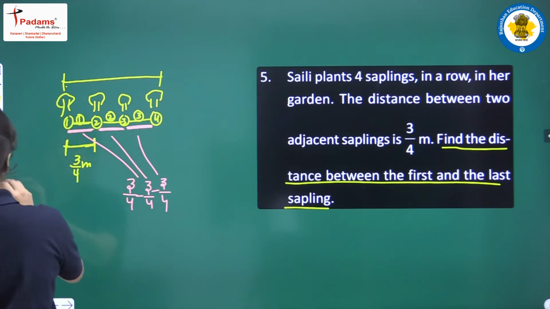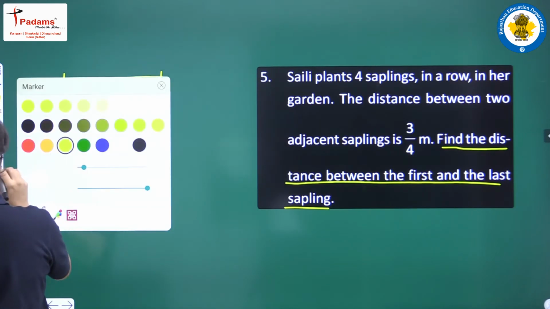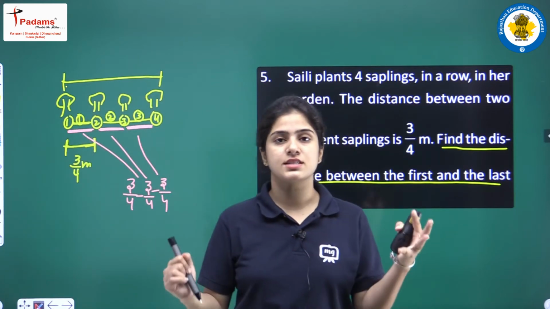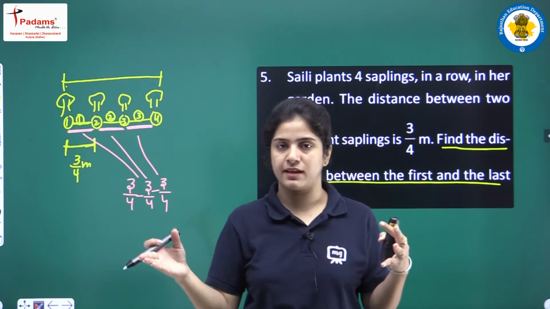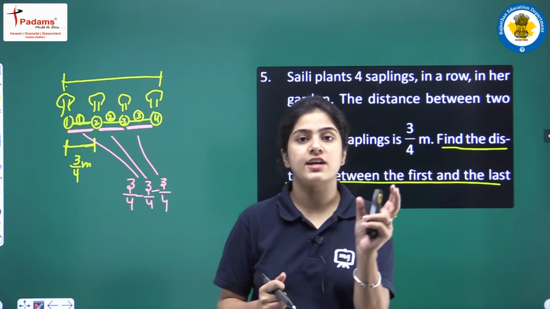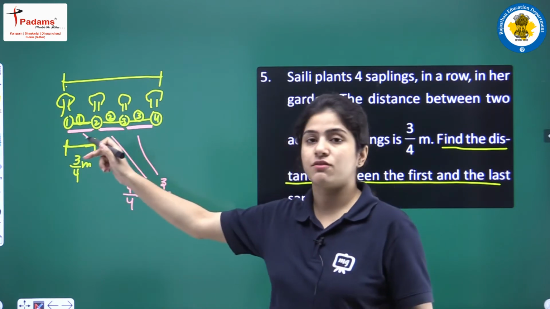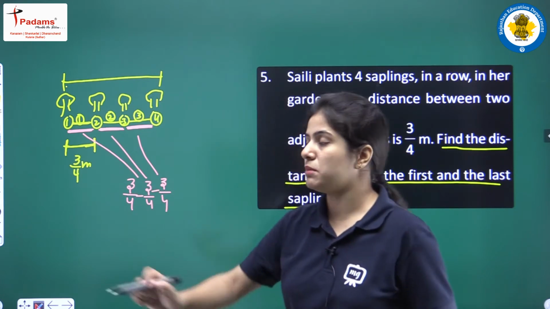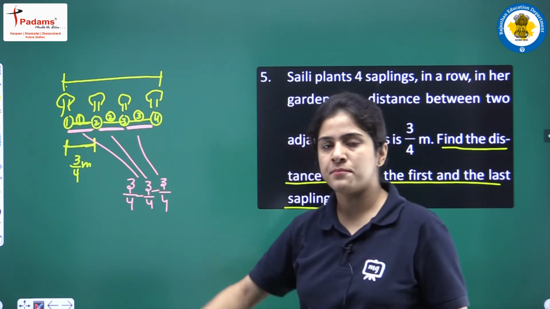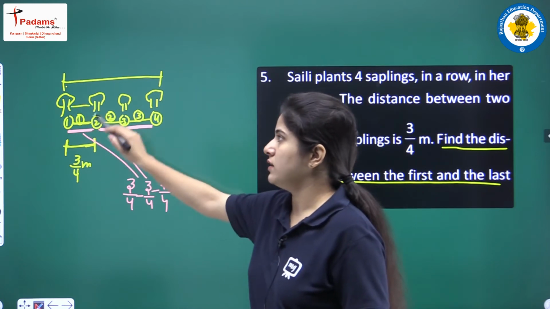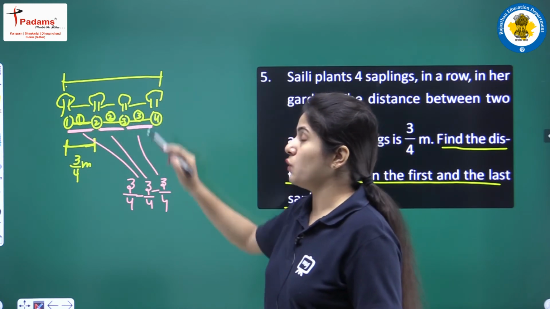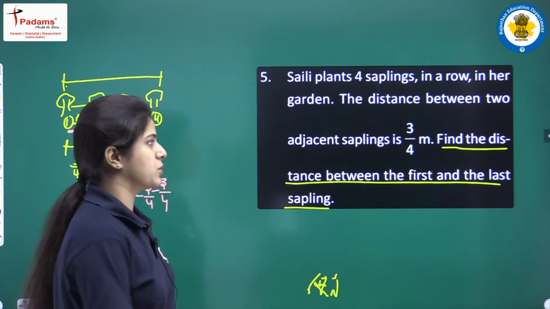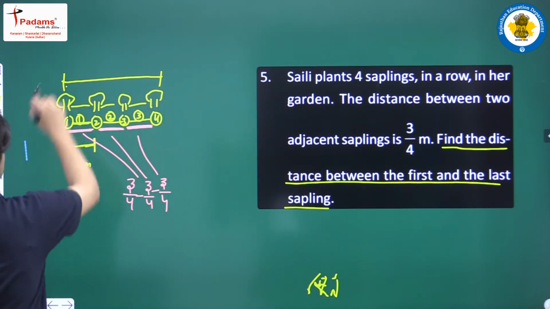In this question we are discussing the sapling gap, the distance between the first and the last sapling. If we know that the adjacent gap between 2 consecutive saplings is 3 upon 4, what is the gap between first and fourth? This is gap 1, gap 2 and gap 3, so there are 3 gaps. Let's do the question.